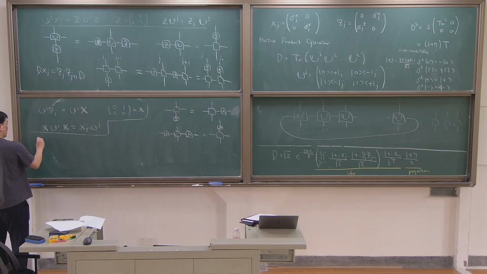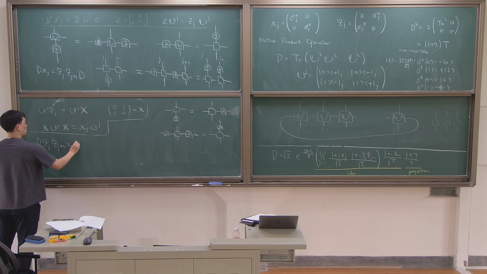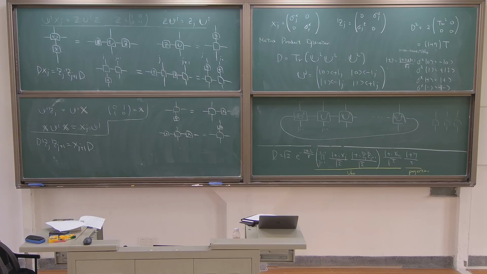So now, one can show that D times Zj plus 1 is equal to Xj plus 1 times D. So this is another one of the Kramers-Wannier transformations.